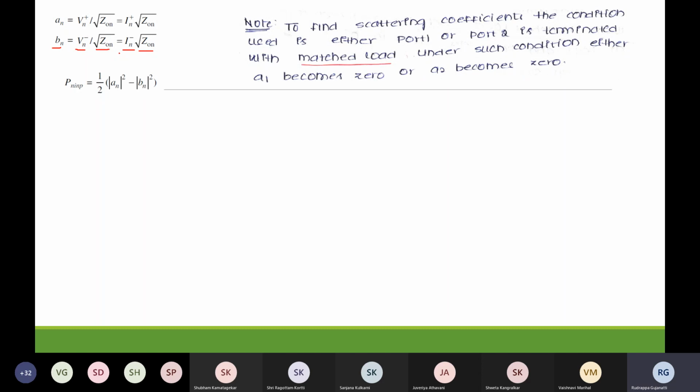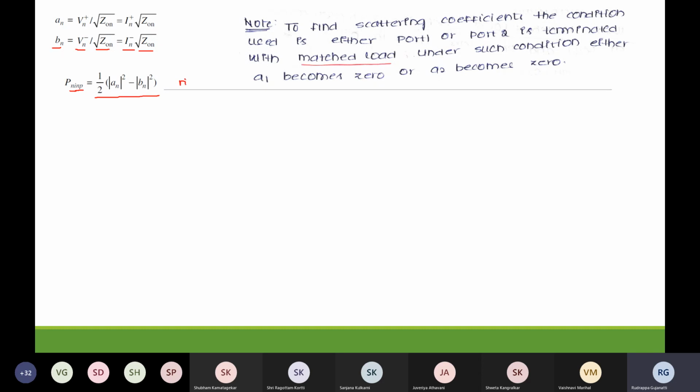Now at the nth port, if I consider the representation over here, the input power at the nth port is associated with this equation. We can represent it with the incident and reflected wave amplitudes, which is equal to half of magnitude of an square minus magnitude of bn square.